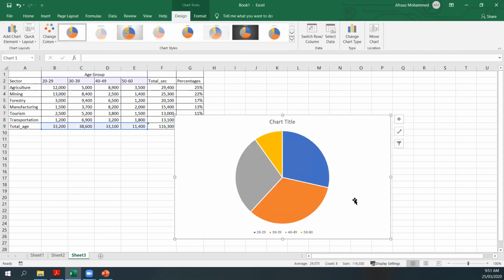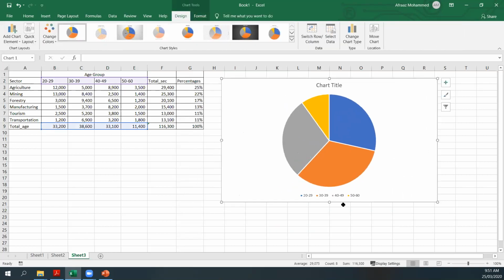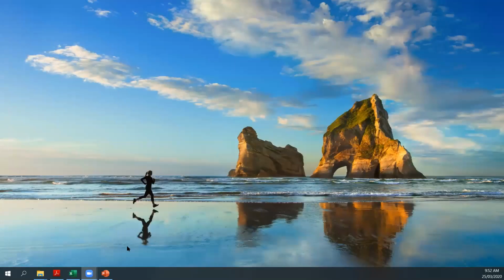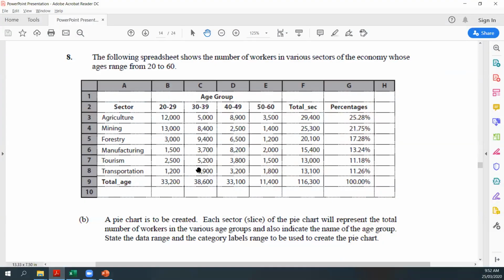You see the pie chart here gives you that information. So each slice gives you exactly the information you need. So this blue slice here would give you the 33,200 persons between the ages of 20 to 29, right? And the other slices give you different age groups. Okay. So everyone is clear on that? Any questions on that?